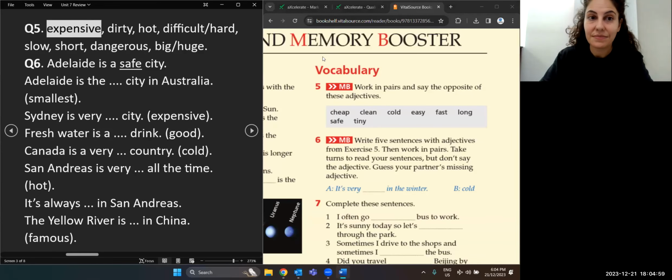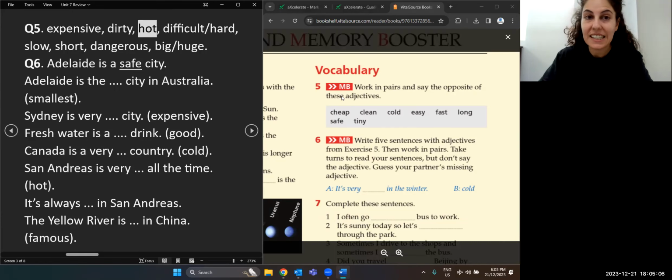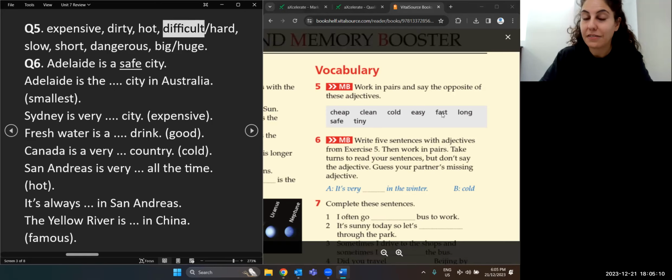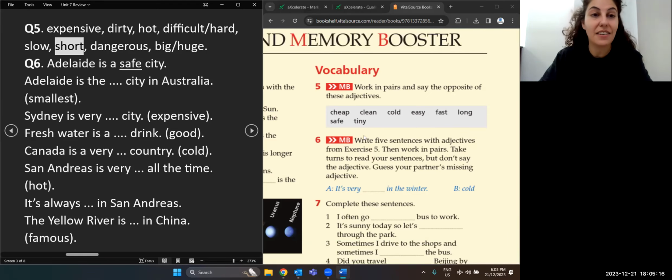Clean, dirty. Cold, hot. Easy, hard or difficult. Fast, slow, long, short, safe, dangerous. Tiny, big, huge. Yep, they're both the same words.